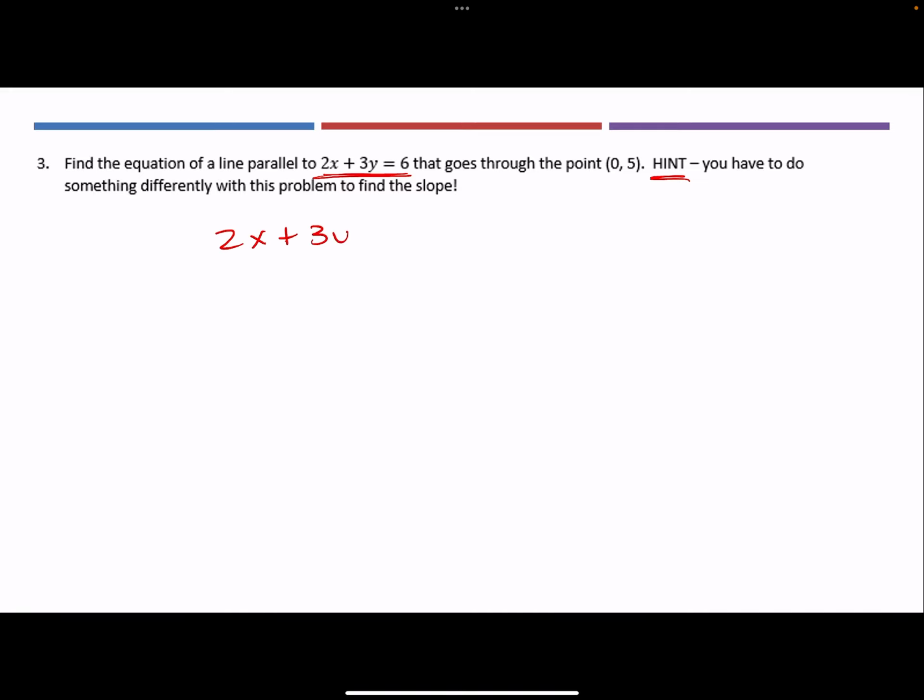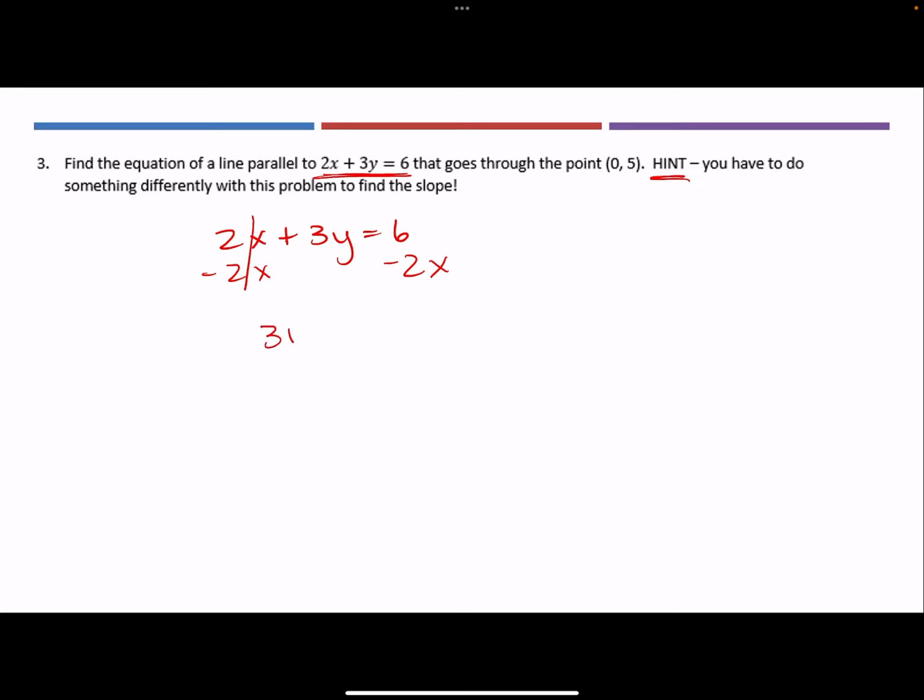I'm just rewriting it real fast. But in order to find the slope, I have to solve for y. It has to be in y equals mx plus b form. So to solve for y, I'm going to subtract 2x from both sides.